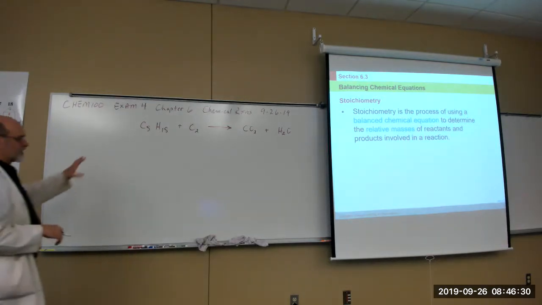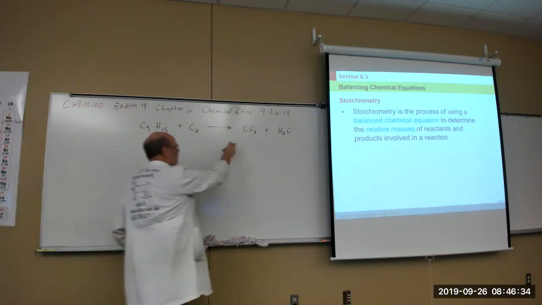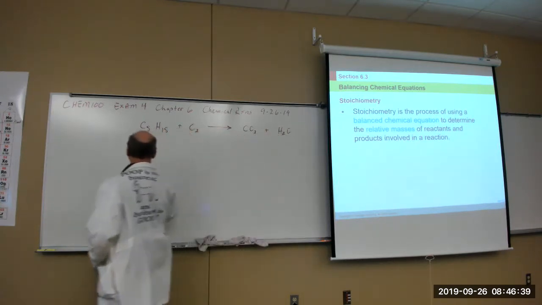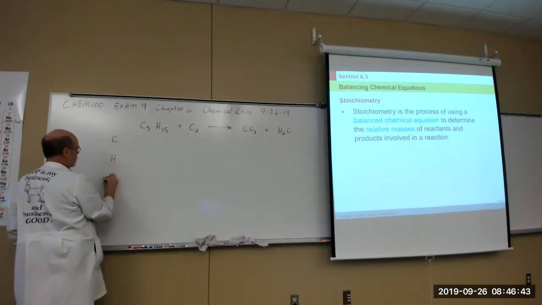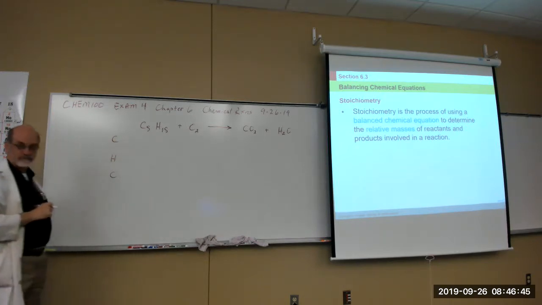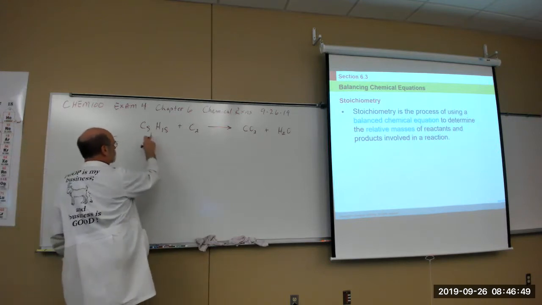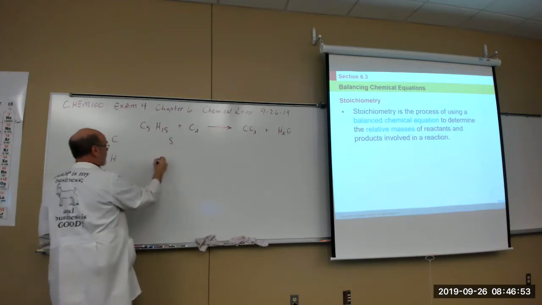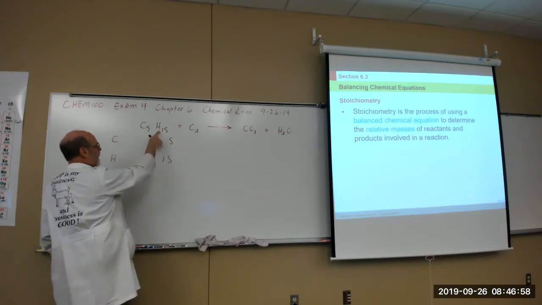So if we set up our table, we've got carbon, hydrogen, and oxygen in 2 places. We want carbon, hydrogen, and oxygen to balance. So how many carbons do we have here? We have 8. How many hydrogens? We have 18. That's why they call it a hydrocarbon.